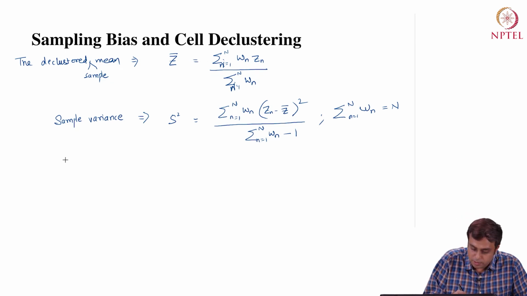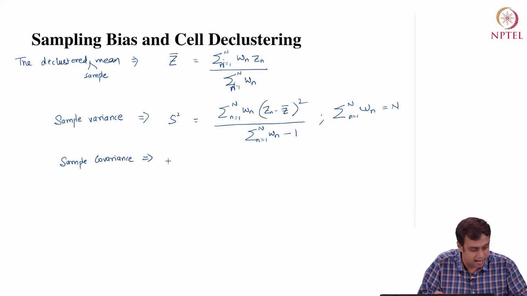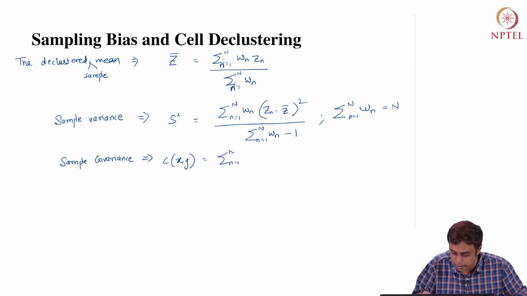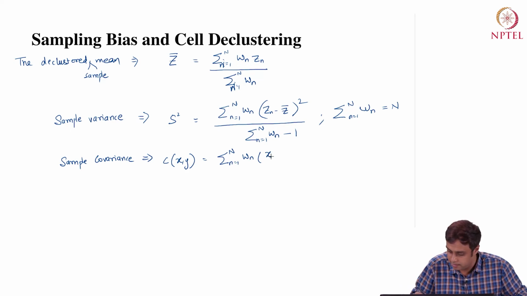Okay. Similarly, you can define sample covariance. So these are the summary stats that we typically evaluate with the data. So we have again summation n equals 1 to N Wn times (xn minus x bar). Again, x bar is the declustered mean, right?